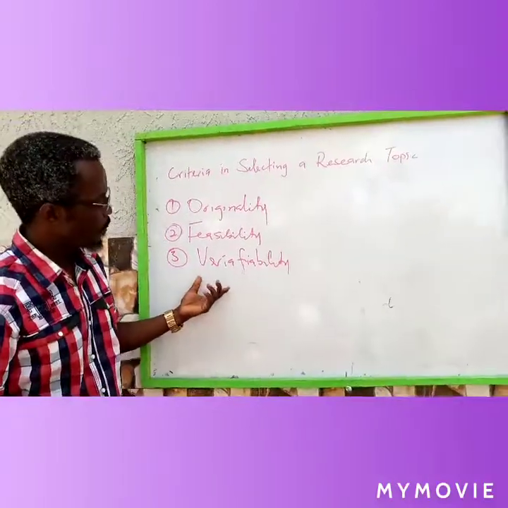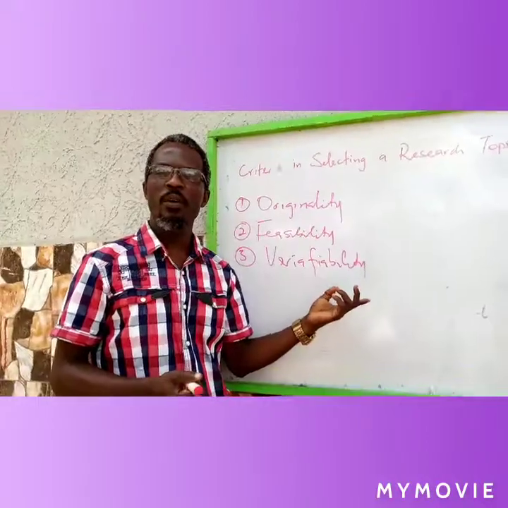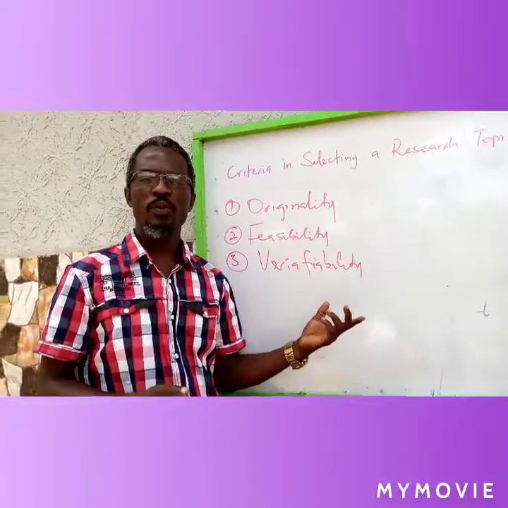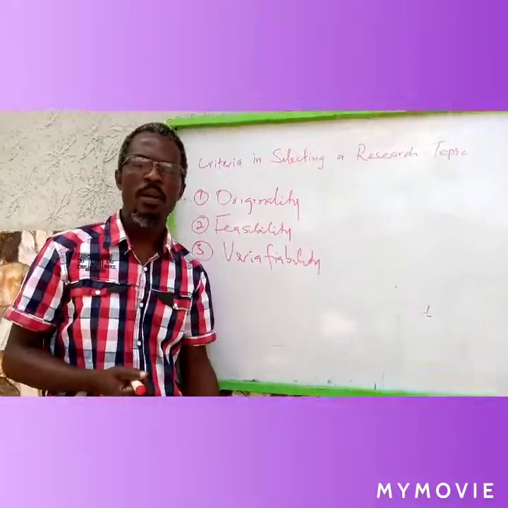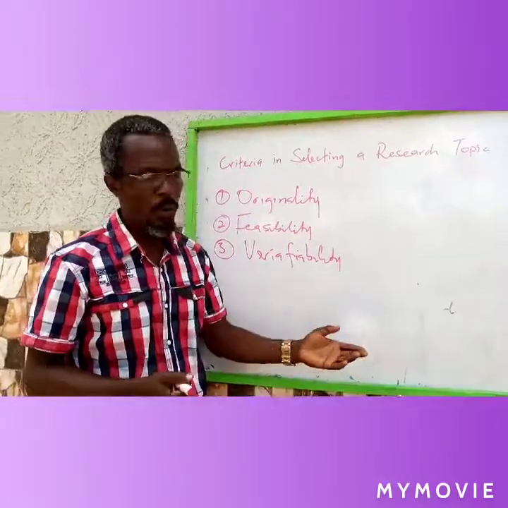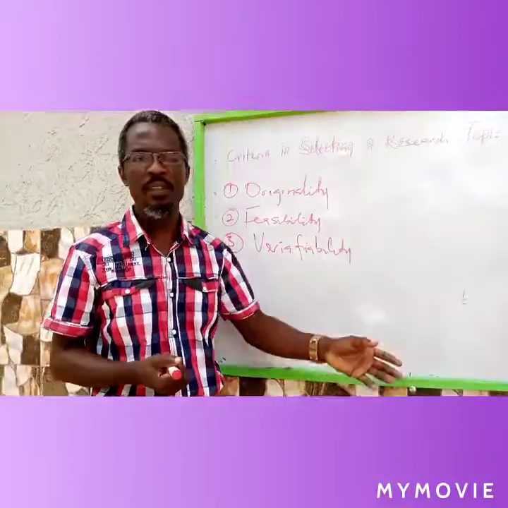So that is verifiability. Then if you are working on qualitative research, in this case we'll be talking about the transferability of the work, the credibility of the work, dependability of the work, or confirmability of the work.